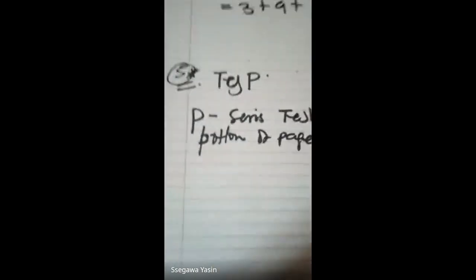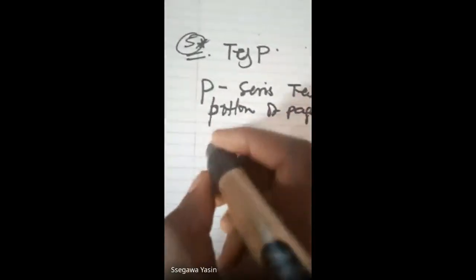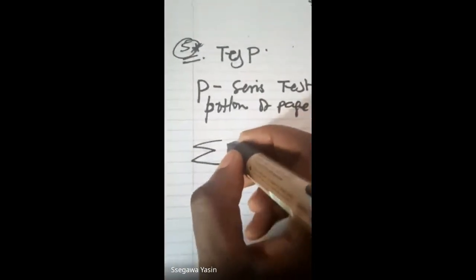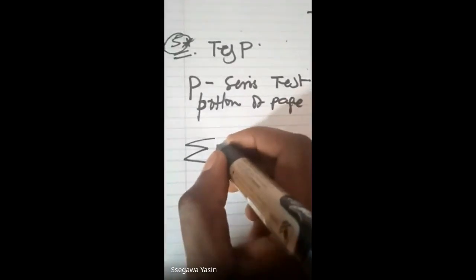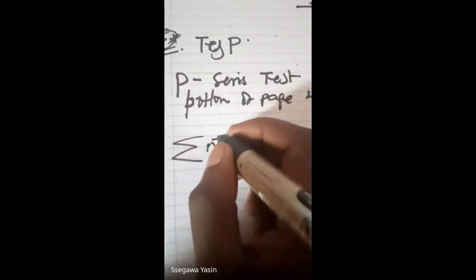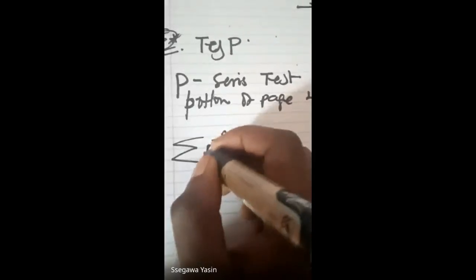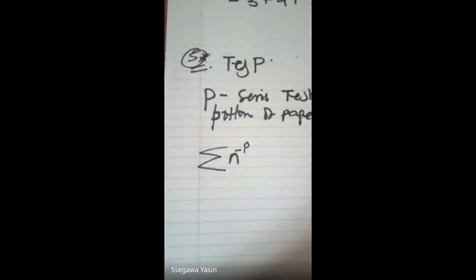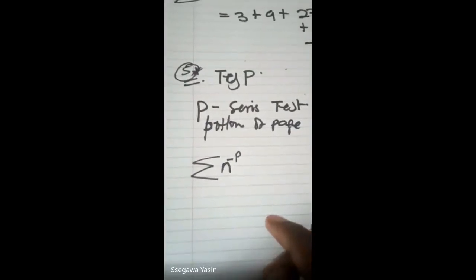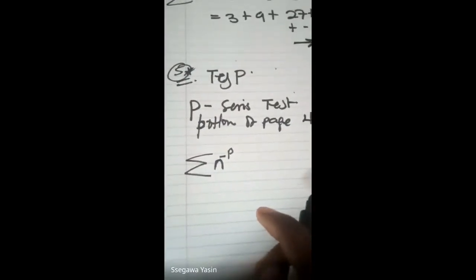So when you check properly, they are saying, if you are having a series of this form, this is n to power negative p. Or this is just n to power negative p.